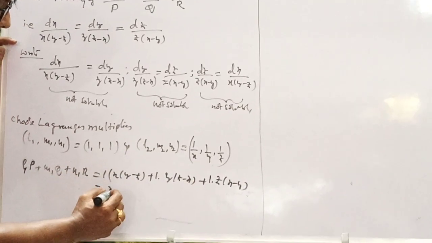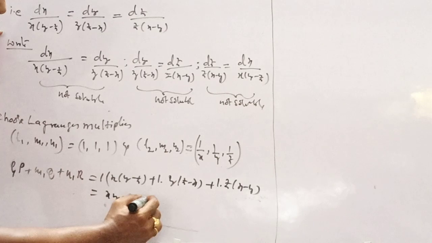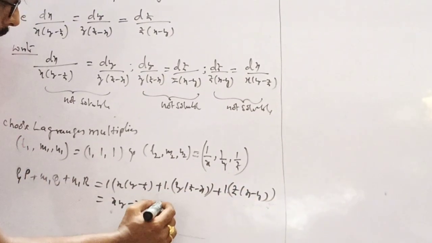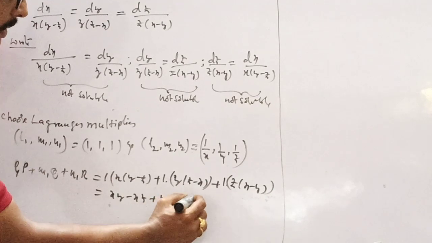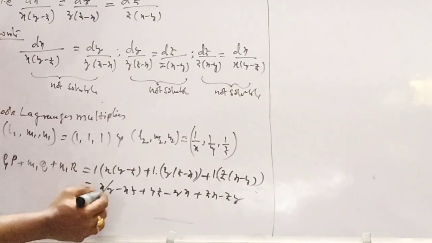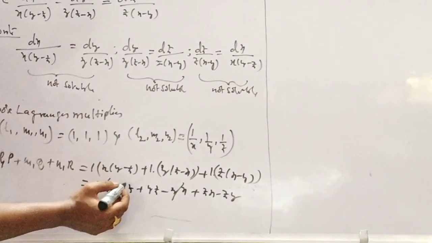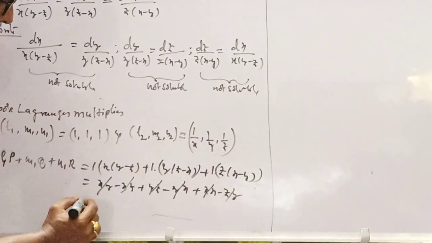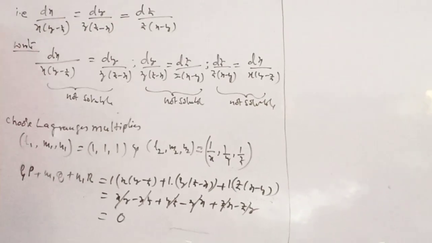Again you observe here xy minus xz, and yz minus yx, zx minus zy. Xy get cancelled, xz get cancelled, yz get cancelled. So it is equal to 0.